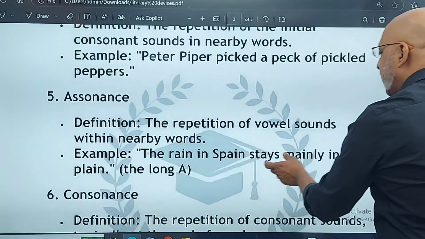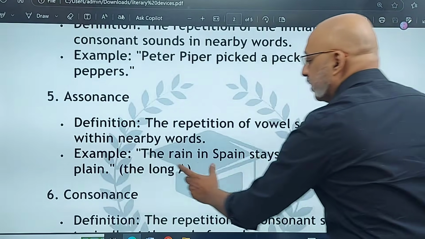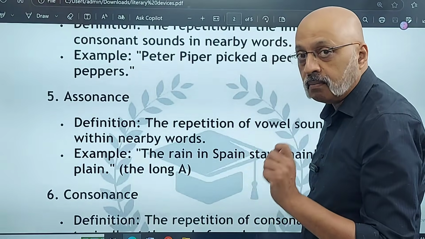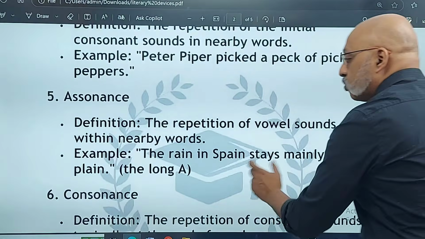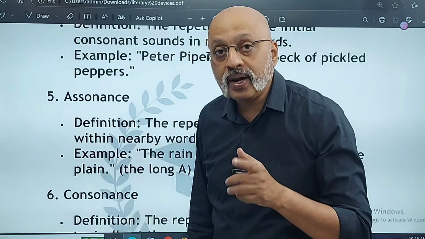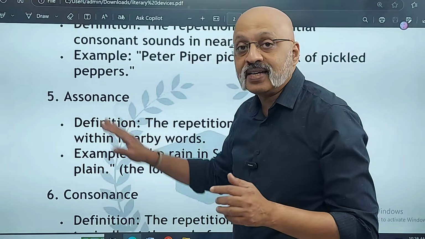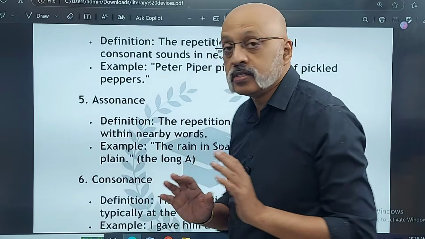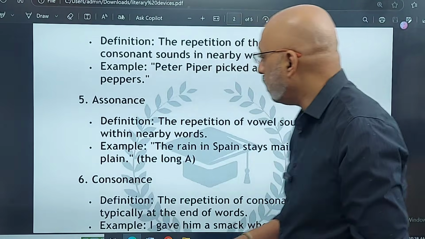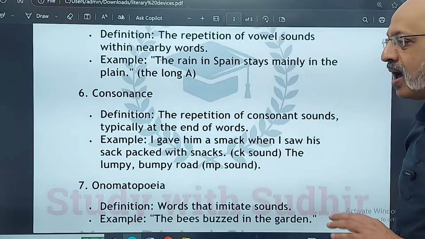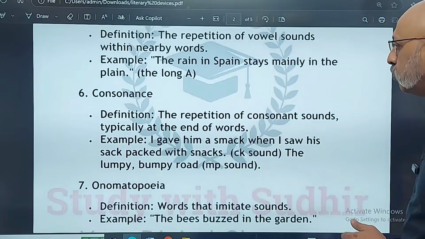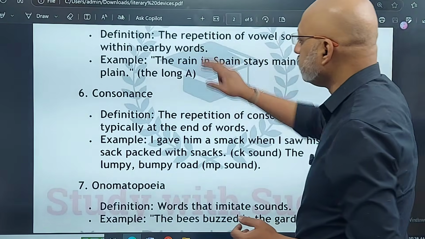The rain in Spain stays mainly in the plain. The long A. Rain, plain, Spain, right? So main. So that is where the long A, the vowel, has been repeated. That is the case of an assonance being used as a figure of speech. Then it comes to consonance, which is not something which is highlighted too much at your level.